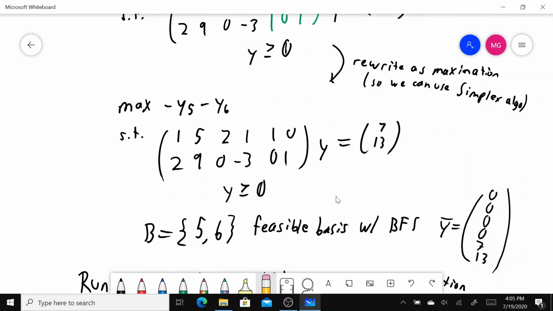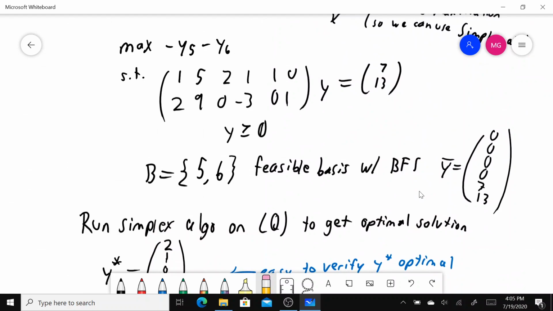But first you need a basic feasible solution before you run the simplex algorithm. What is that basic feasible solution? Well, the basis is 5, 6. It's associated to those new indices of the columns that we've added on for the identity matrix, so 5 and 6. And the basic feasible solution is y bar here. So you take all zeros for the first 4 columns that you already had in the original, and for the 2 new columns, 5 and 6, you take the components to be the components of b, so 7 and 13.